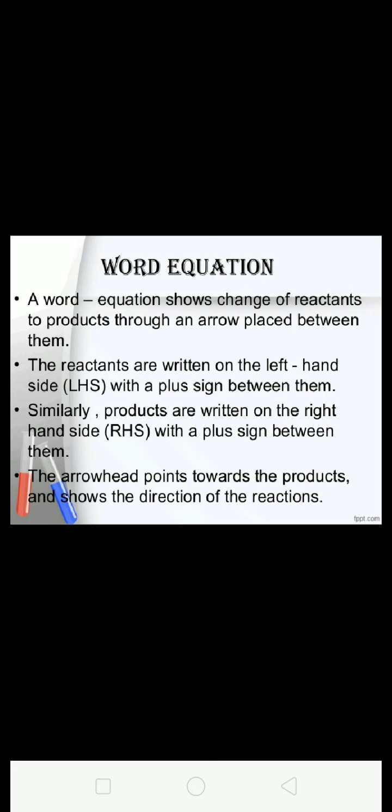Suppose a reaction involves heat energy, that's always shown above the arrow. If some temperature, pressure, or a catalyst is required. A catalyst is any substance with which a reaction increases its speed. A catalyst increases the rate of a reaction.